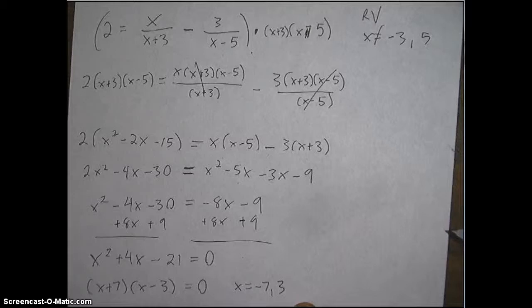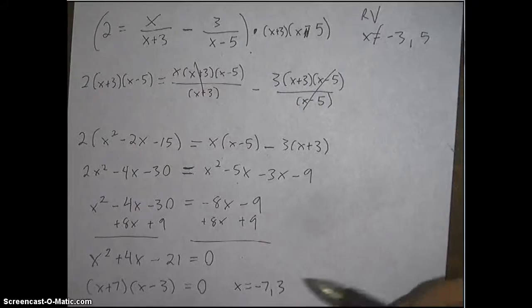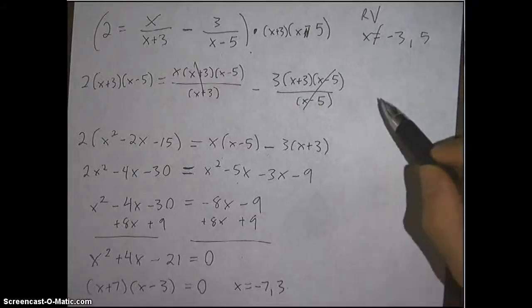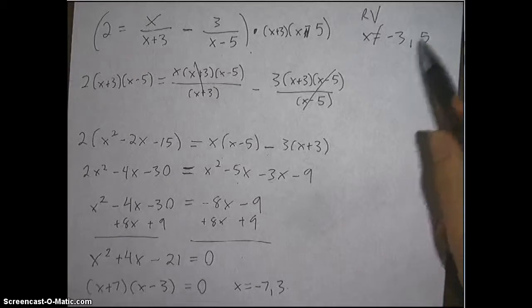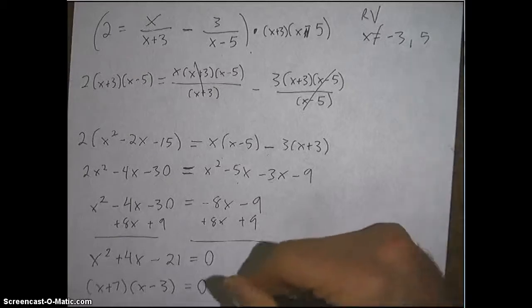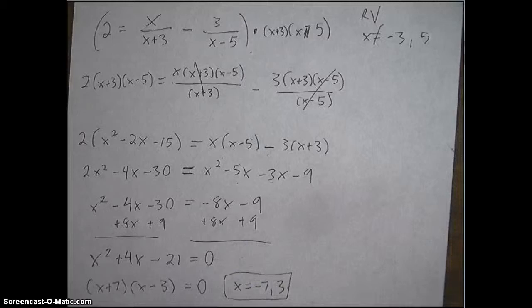It looks like it shouldn't, because this is a positive 3 and that's a negative 3, so it doesn't seem to make any difference what the restricted values are in this case. So we've got x equals negative 7 and positive 3 is our final solution. And that's how you solve that problem.